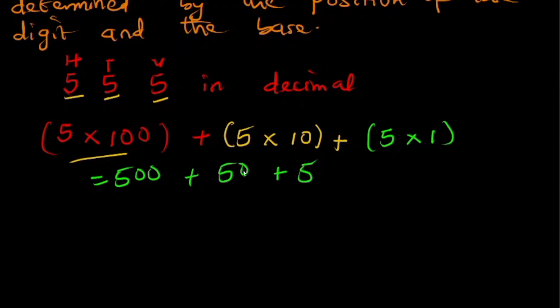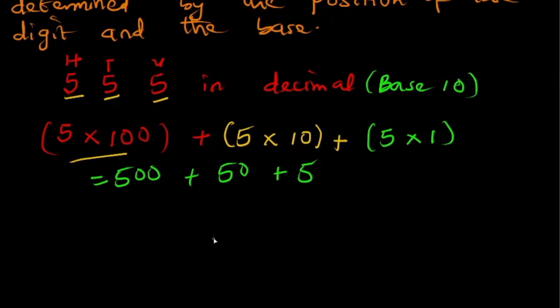Now, we realize something: as we progress from one position to another, or from one place value or placeholder to another, the difference between the factors, which is this 1, 10, and 100, is only in the powers. We can still express 100, 10, and 1 as powers of the same base, which is base 10, the decimal. Remember that this is base 10.